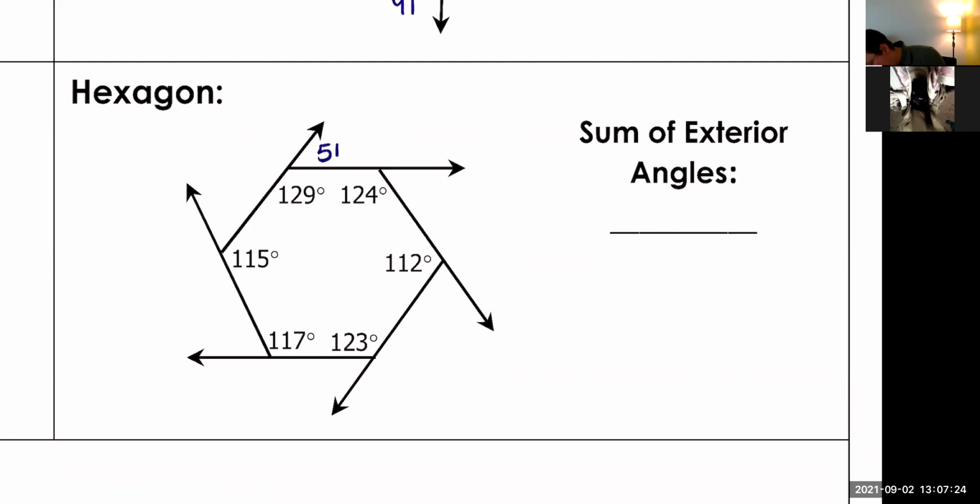The exterior angles then should be 51 degrees, 56 degrees, 68 degrees, 57 degrees, 63 degrees, and 65 degrees for a grand total of 360 degrees.